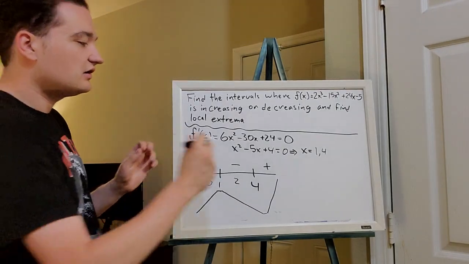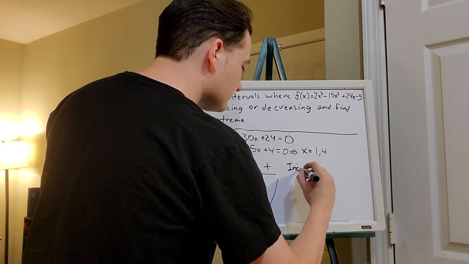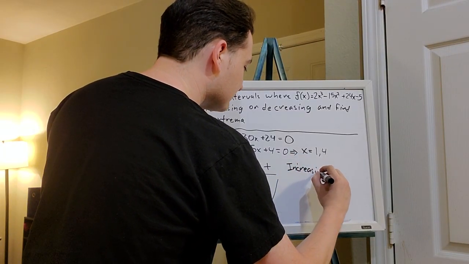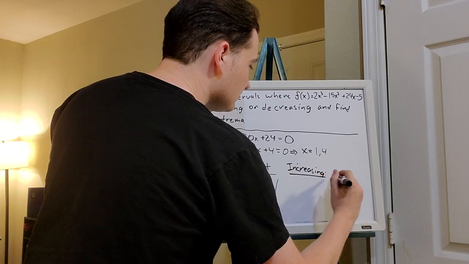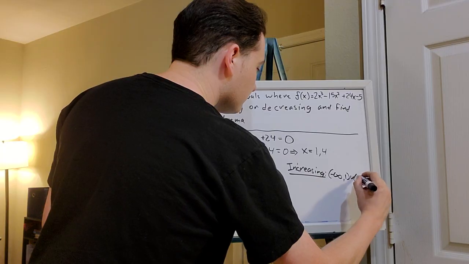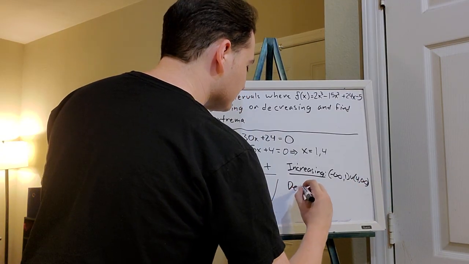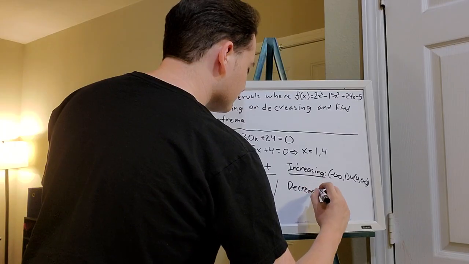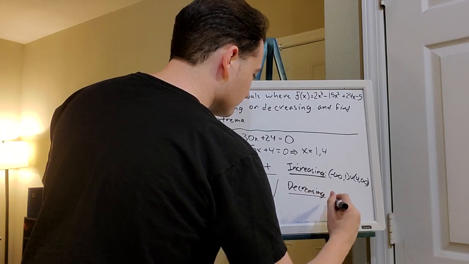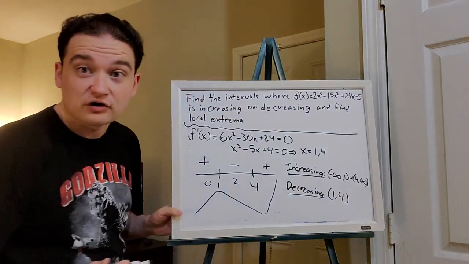So, let me put those intervals down. We are increasing from negative infinity to 1 and from 4 to infinity. And we are decreasing, apologies for the handwriting, from 1 to 4.